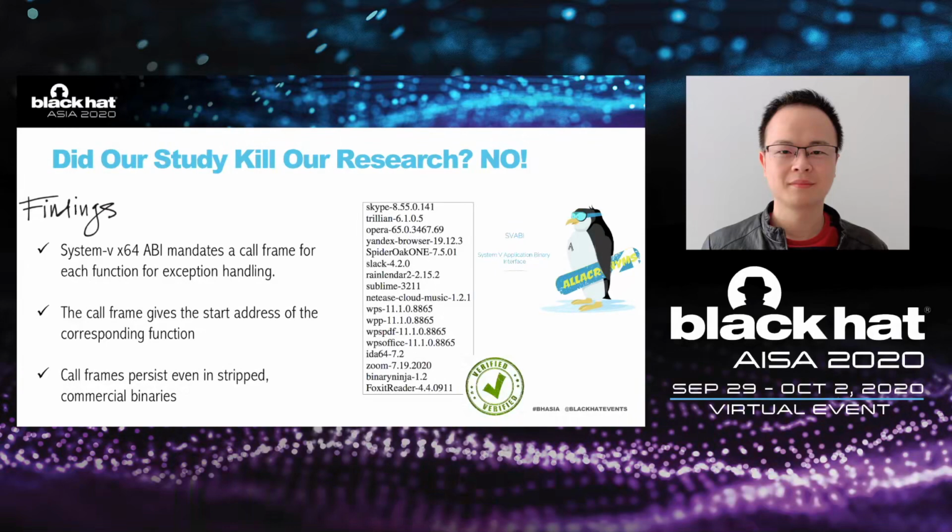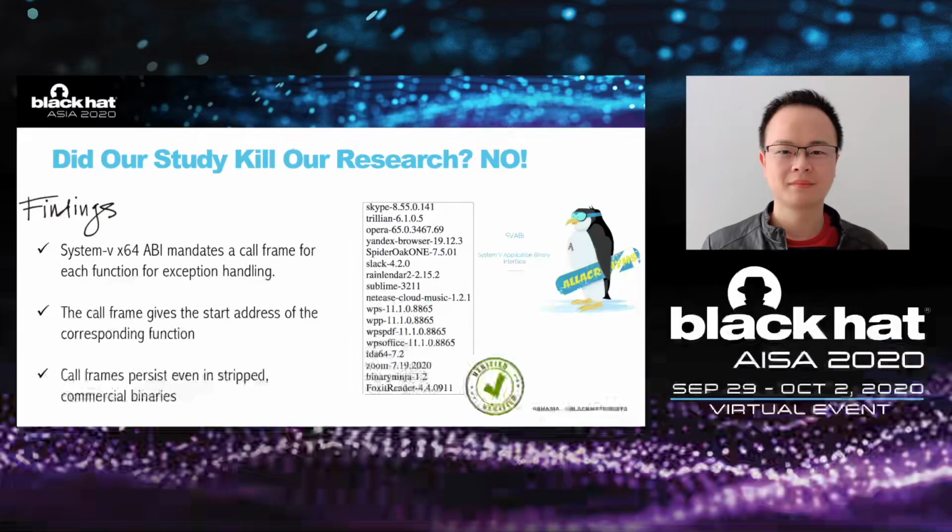Due to the time limit, I will skip the details, but I want to point out two key things. First, the call frame information explicitly gives the start address of the corresponding function. Second, as I mentioned, the call frame information is needed for exception handling. As such, it cannot be disabled or stripped. This has been verified by our study of a group of commercial binary software.